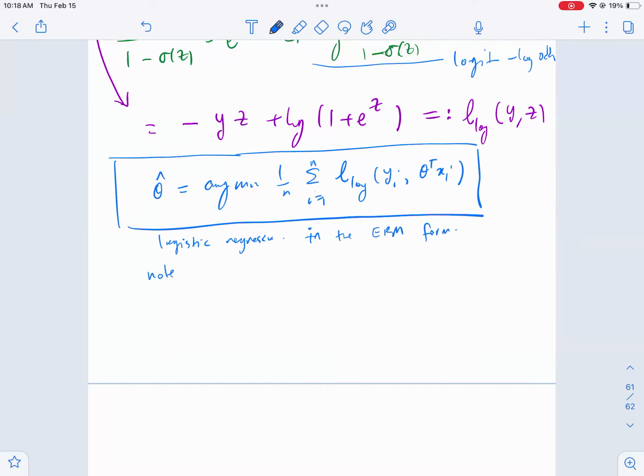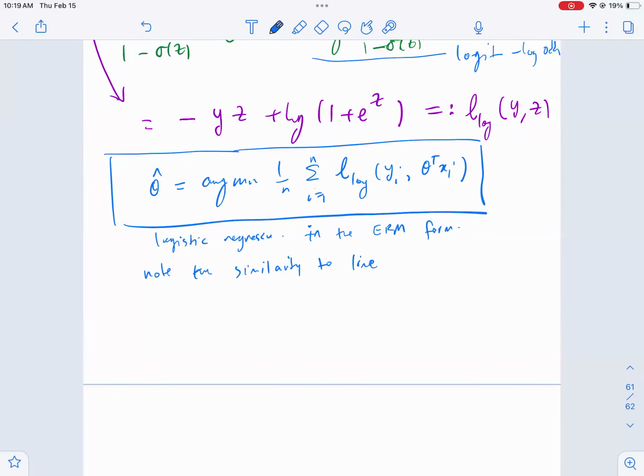I will note the similarity to linear regression. In particular, if I don't like linearity, I can replace this with a more complex function, so maybe something beyond linear regression.